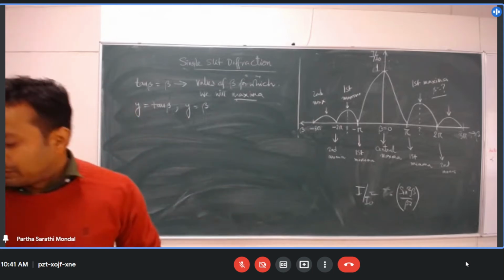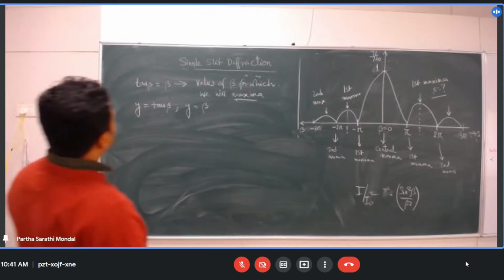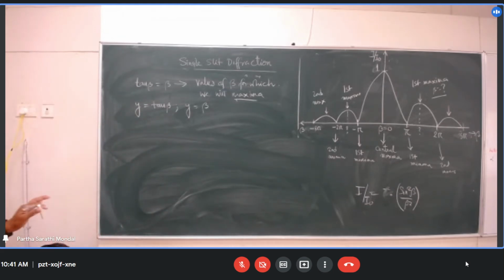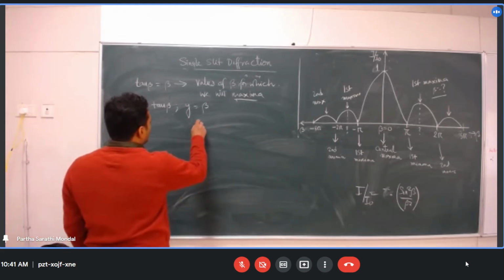So now first you will plot y equal to beta, a straight line with a 45-degree angle with respect to the x-axis. Let us first draw it.